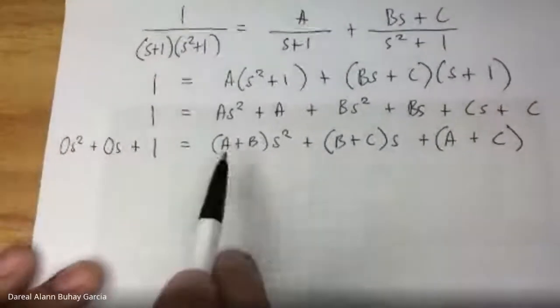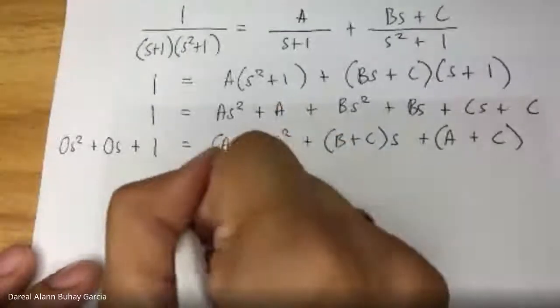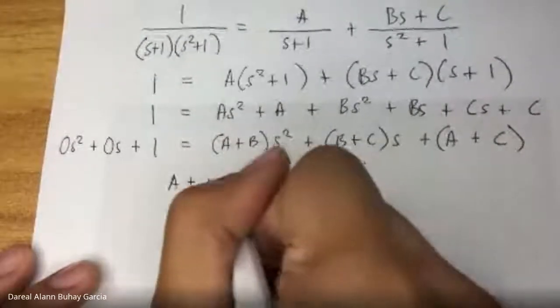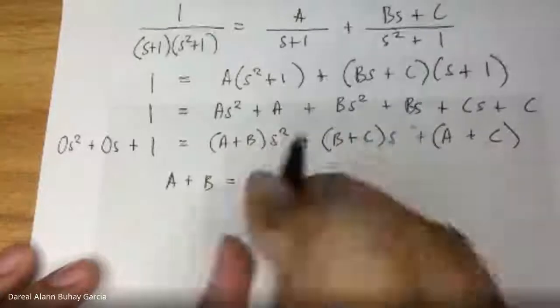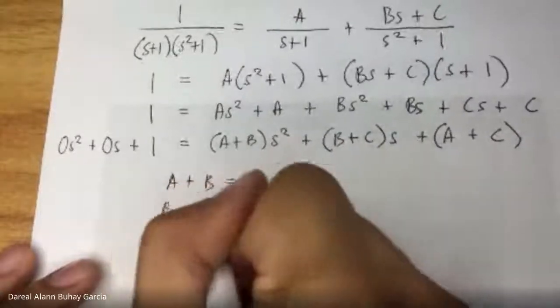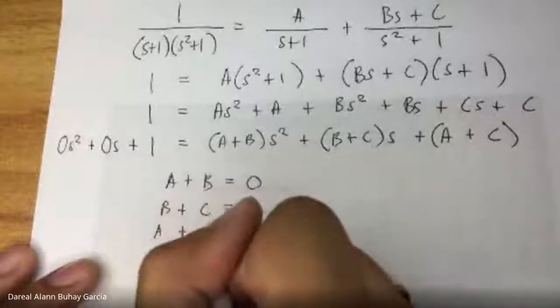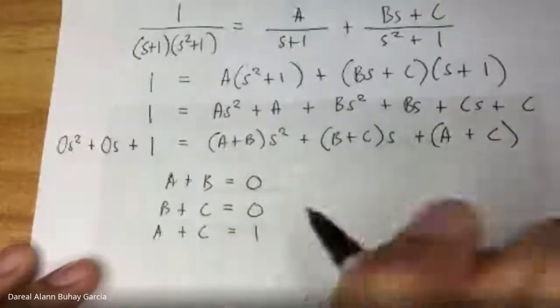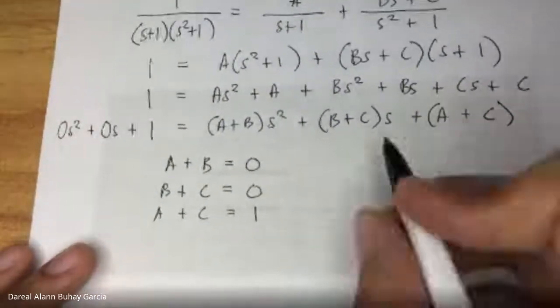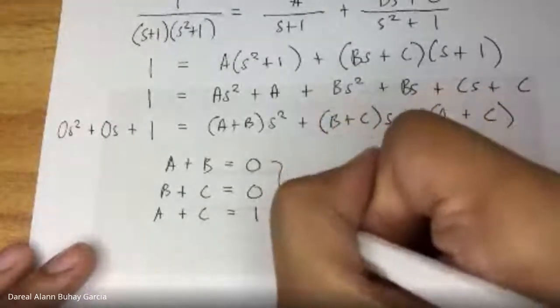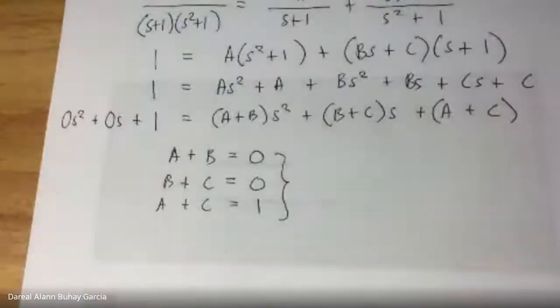Equate the coefficients. A plus b is equal to 0. B plus c is equal to 0. And a plus c is equal to 1. Now simultaneously solve these linear equations.